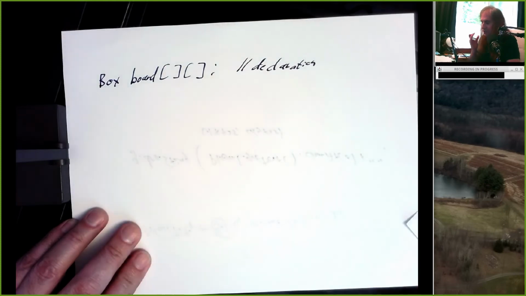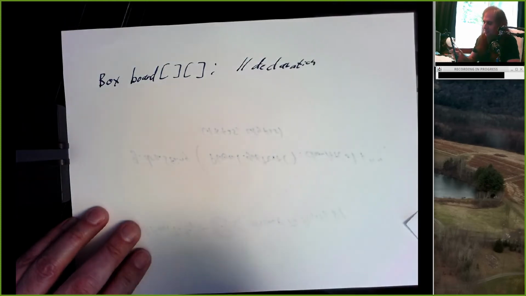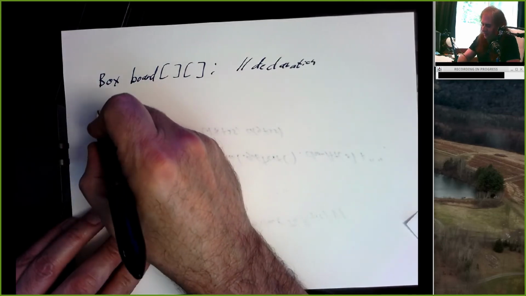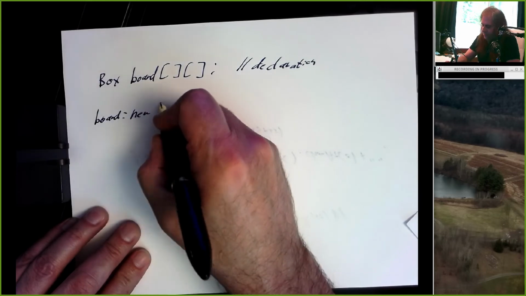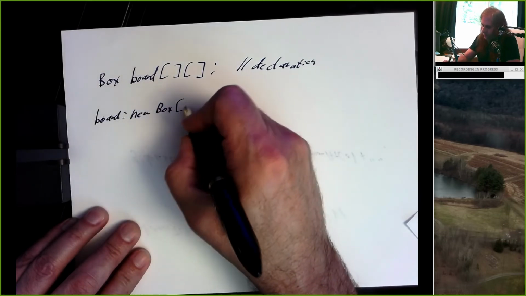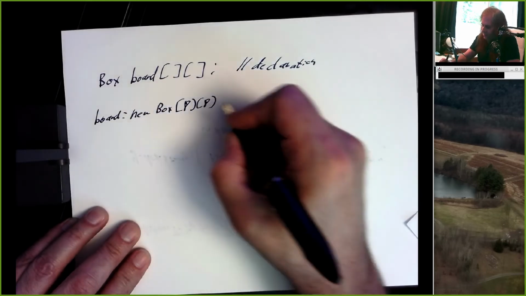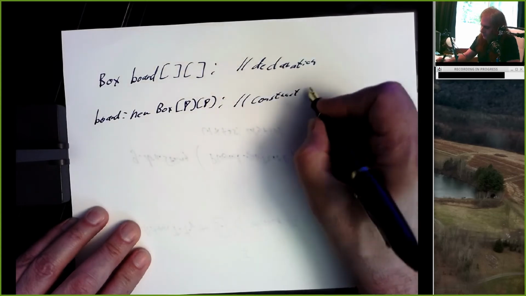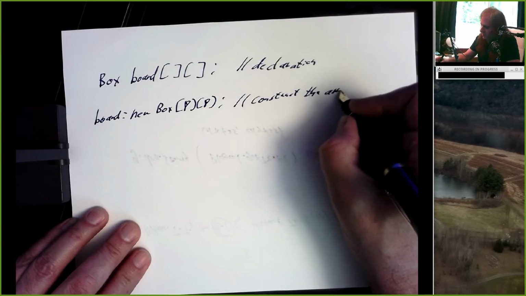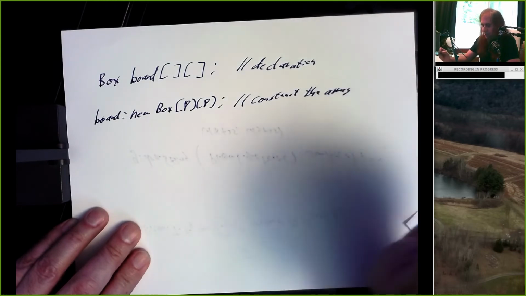And then the construction we can do in the same line, but I'll put it separately so I can put a separate comment. I can say board equals new Box[8][8]. And this will construct the array. But we're still not done.